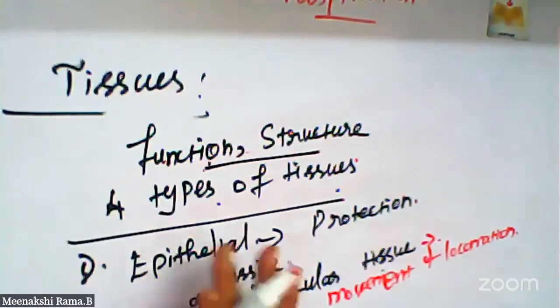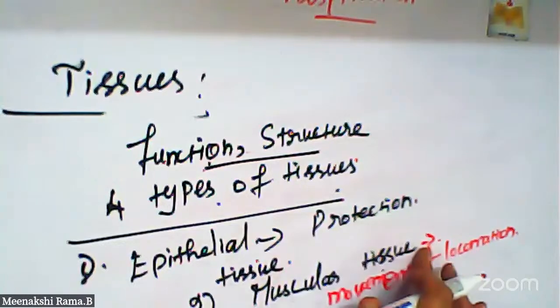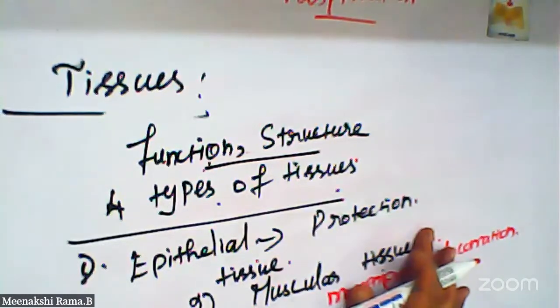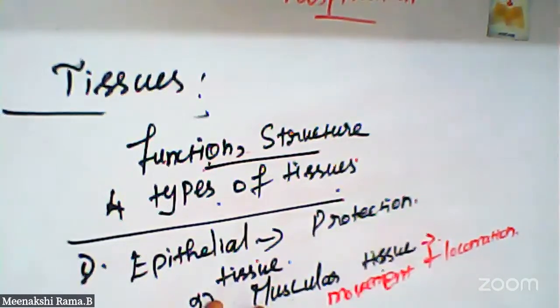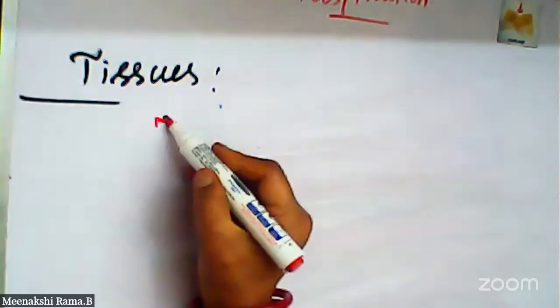Okay. There are 4 types of tissues. One is epithelial, whose function is protection. The next one is muscular tissue, whose function is movement and locomotion. The third type is connective tissue.